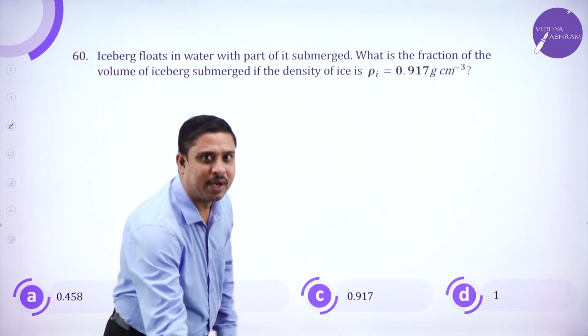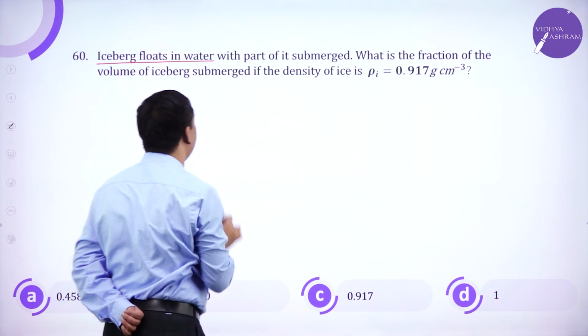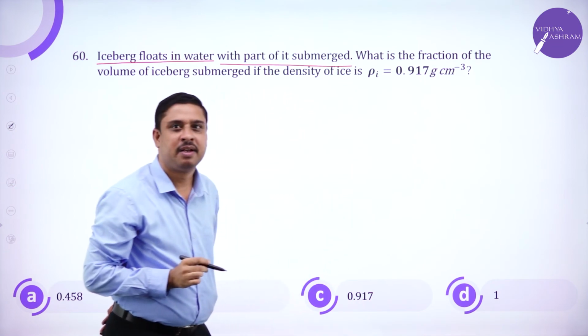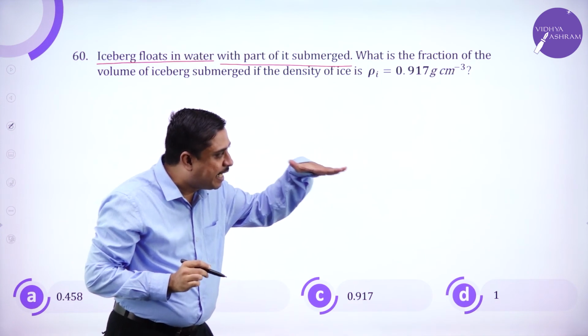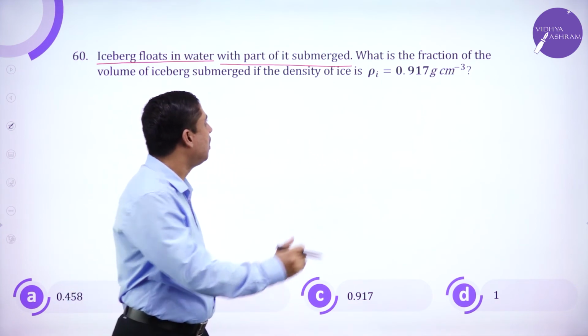The last one, students. Iceberg floats in water with part of it submerged. Like the Titanic, the iceberg is floating in water. Part of it is submerged.